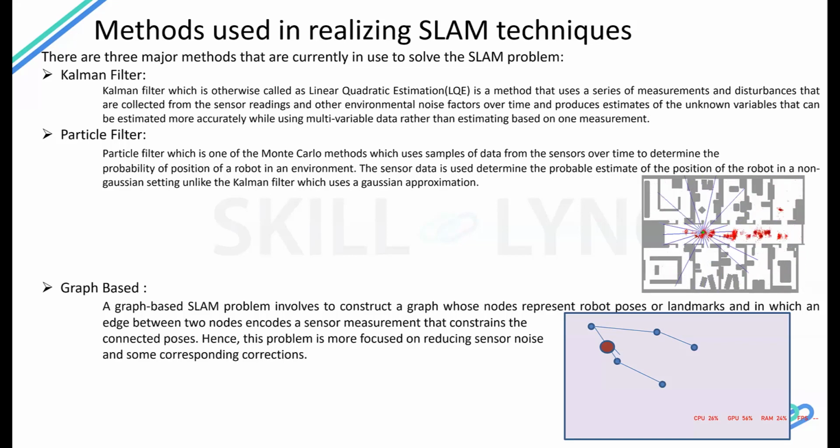A Kalman filter is a linear quadratic estimation method that uses a series of measurements and distances from the environment, and produces estimates of unknown variables that can be estimated more accurately while using multivariable data.